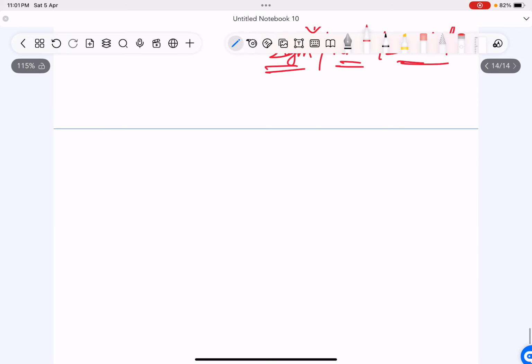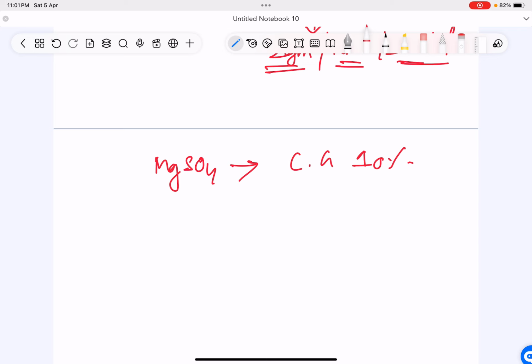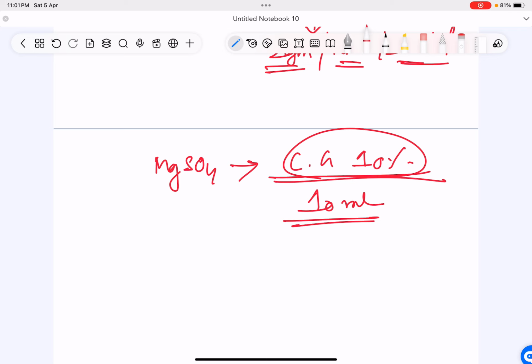If the patient develops magnesium sulfate toxicity, the antidote is calcium gluconate 10%. So 10 ml आपको calcium gluconate 10% लेना है and give it IV.